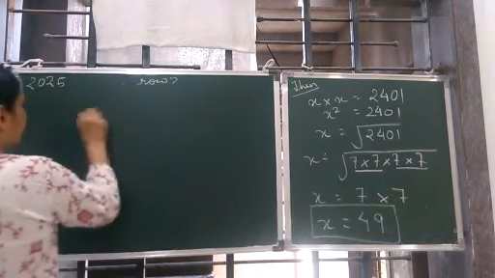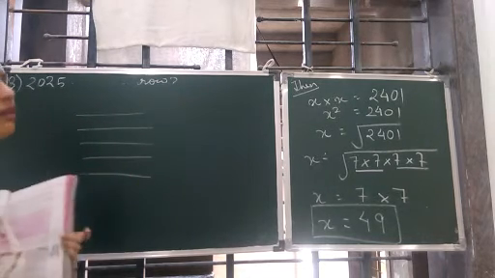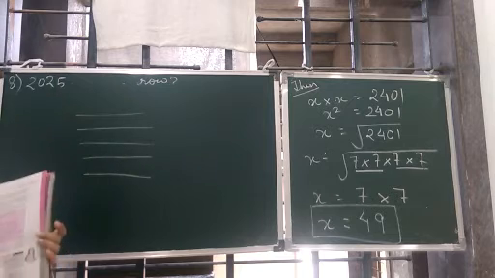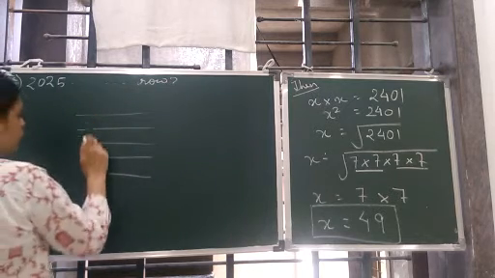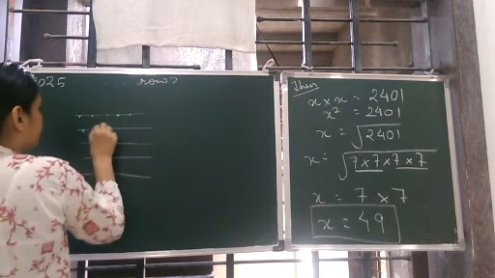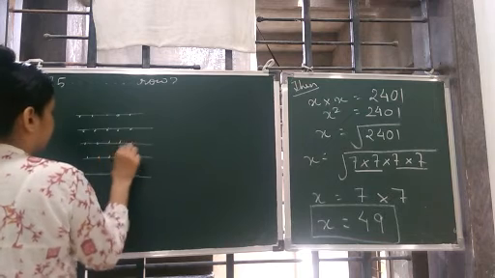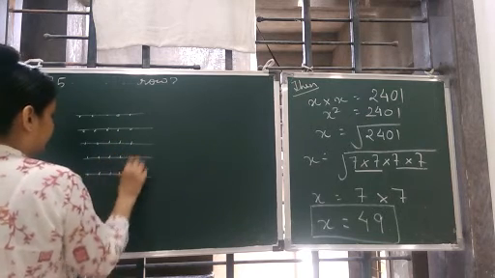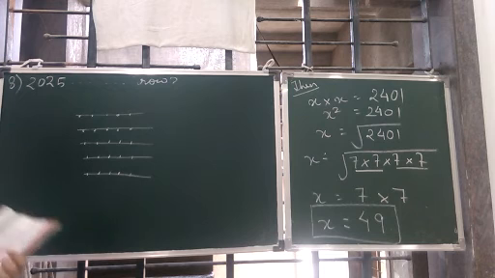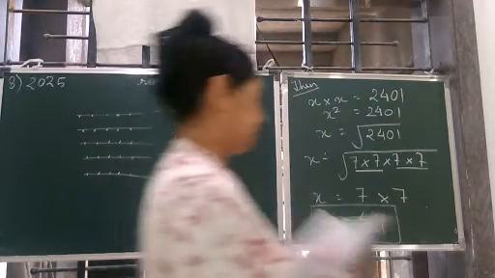Okay, so the plants have to be planted in rows, and in such a way, if there are 1, 2, 3, 4, 5 rows, then each row should have 5 plants. Okay, 5 rows should have 5 plants. Find the number of rows and number of plants in each row.